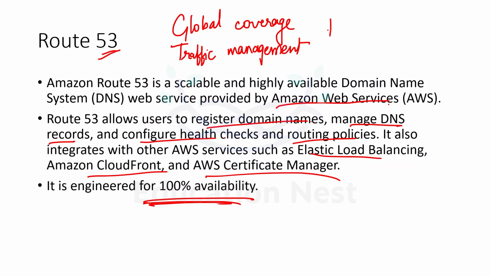Then we have health checks. We have already discussed that we can configure health checks. So you can monitor the health of resources such as web servers or ELBs, that is, elastic load balancers, and automatically route the traffic to the healthy resources in case of failures. For that we also have one routing policy called failover policy. We will be discussing that.